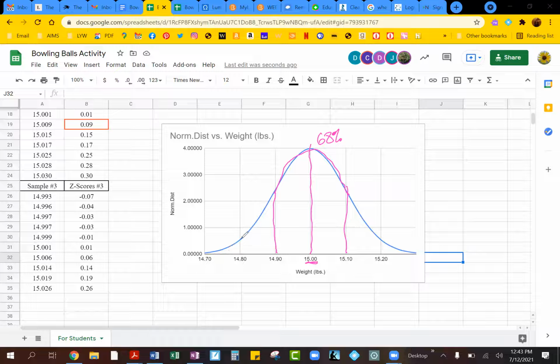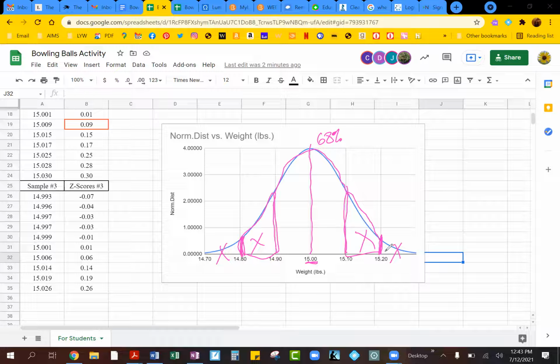Now this will be 2 standard deviations. 2 standard deviations leads us into 95% of our production. But anything outside this weight range is not going to be acceptable for us. It's interesting how you can use this to visualize what your data set is going to look like.